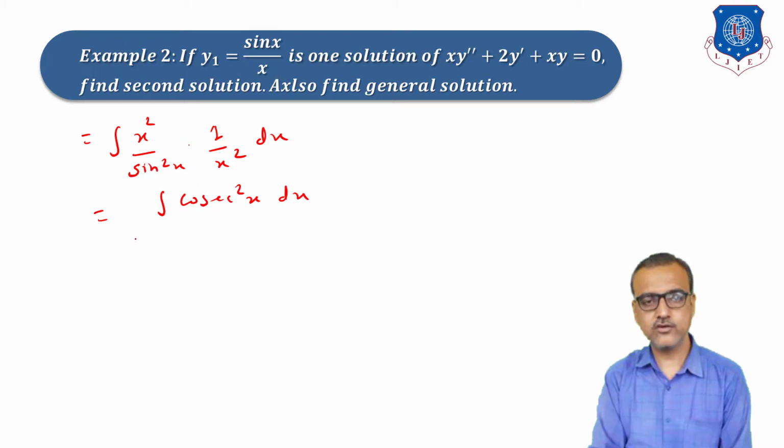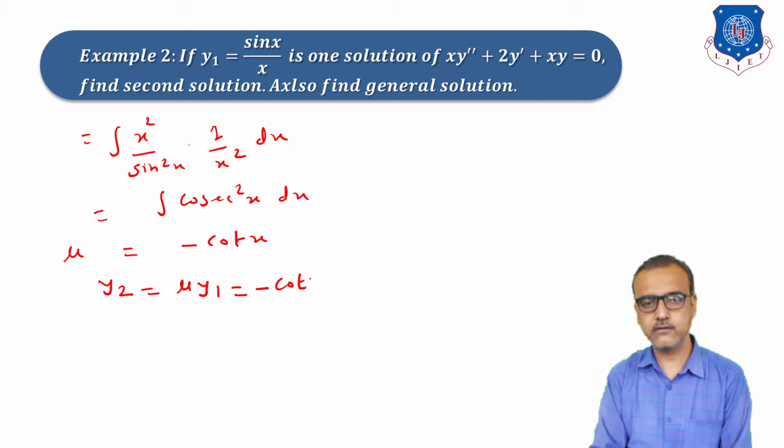And what is the integration of cosec square x? That is minus cot x, right? So this is nothing but u, but we are interested in finding y2, and y2 is u into y1, where u is minus cot x and y1 is sin x upon x.